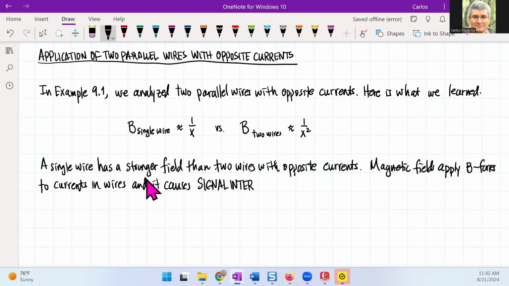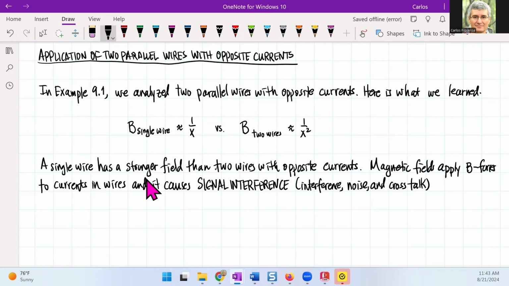So this is a catch-all phrase that I'm using. So what do I mean by signal interference? I mean interference, noise, and something else called crosstalk. So it's a catch-all phrase that I'm using, which is not common.